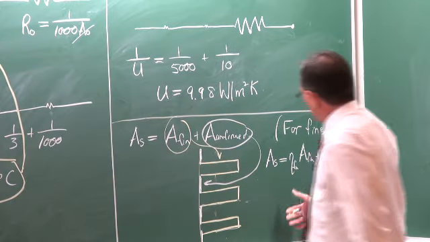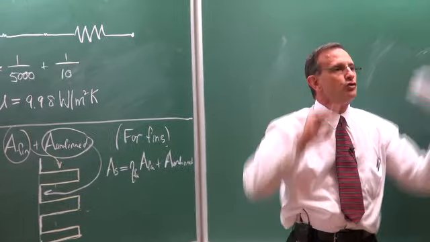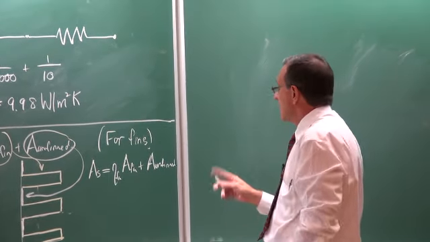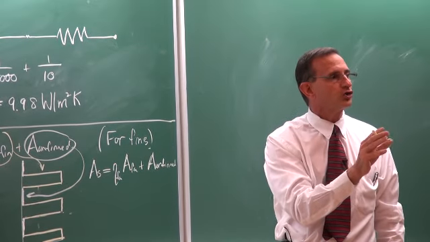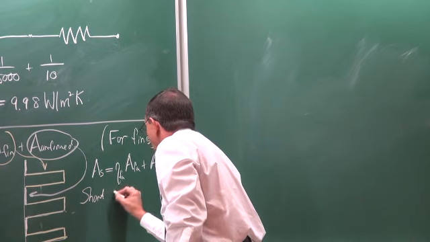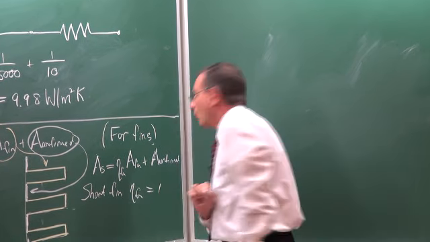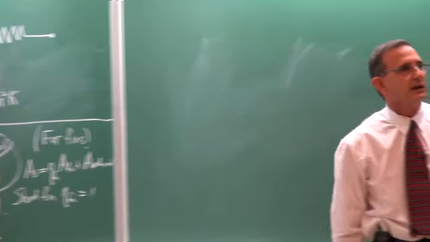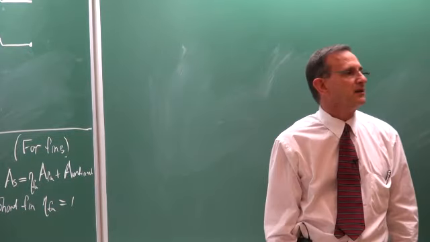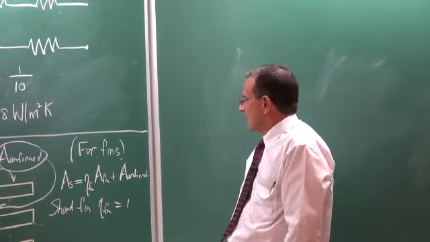Now, we do not have time to revise all the fin theory, but just one or two things that I want to mention. The first one is that, remember, if it's a short fin, then the efficiency would typically be 1. Or if it's an isothermal fin, then it is equal to 1.